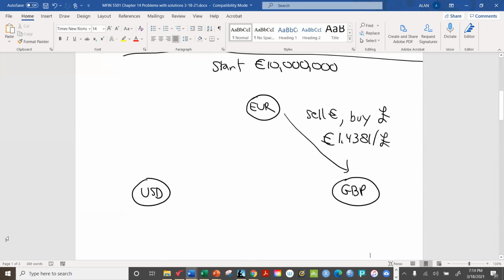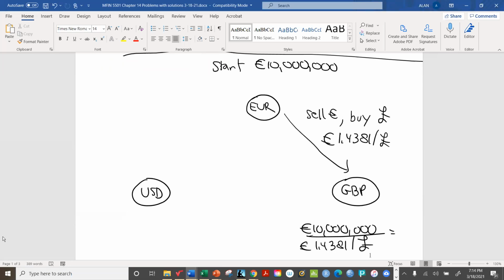Okay, so in other words, 10 million euros divided by this number, 1.4381 per pound, means that we end up with, and so we do the division, and we should get 6 million.